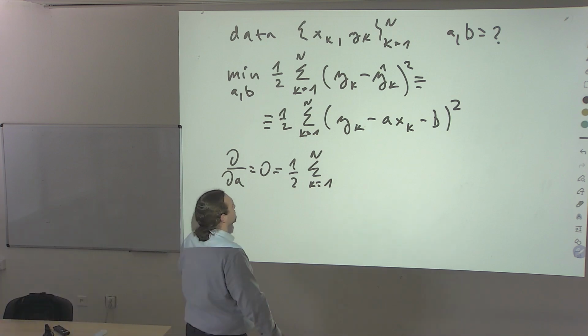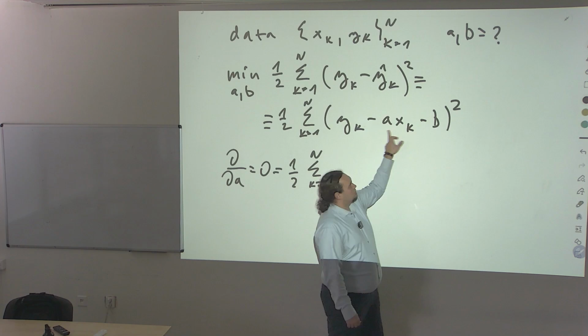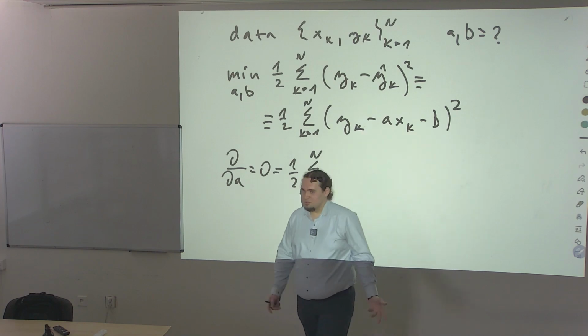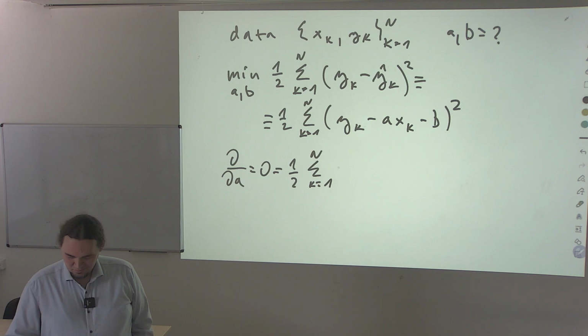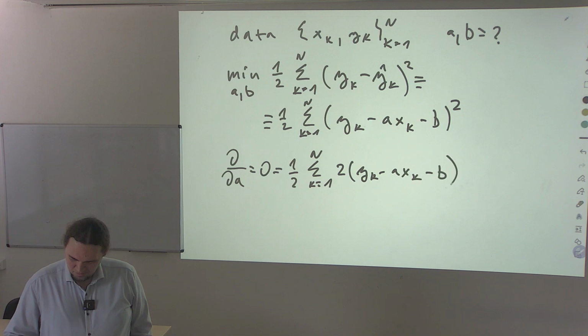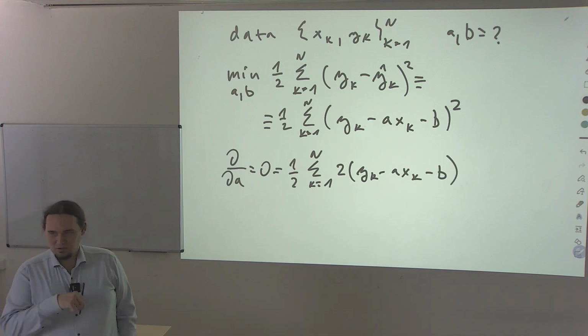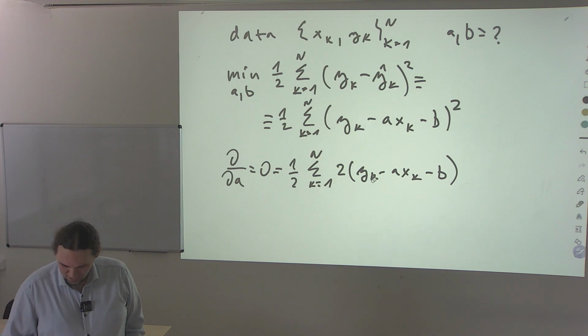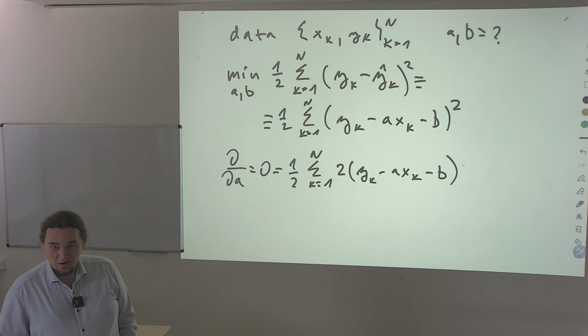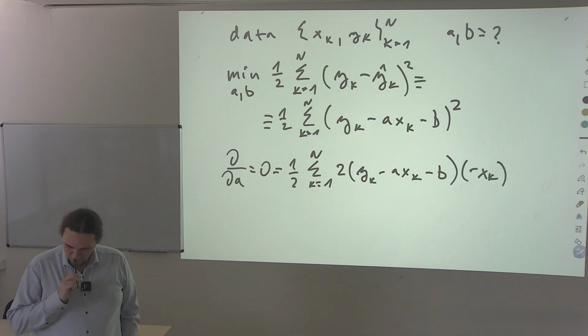Why can't we just say, what is the derivative of anything to the power of 2? Yeah, 2 times this bracket. And what we are missing is the derivative of the interior of this bracket, which is minus x_k, exactly.